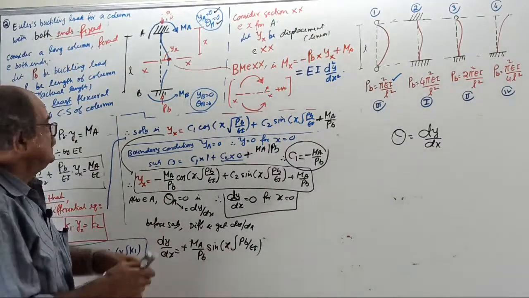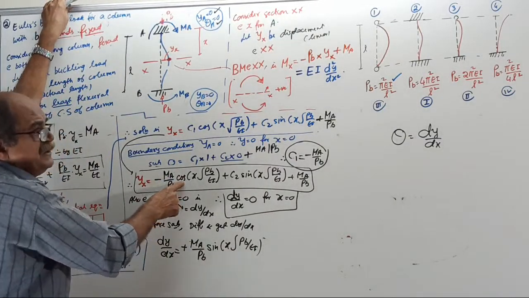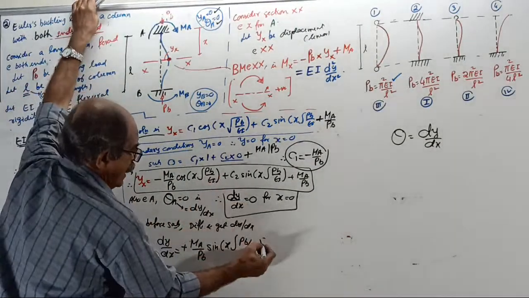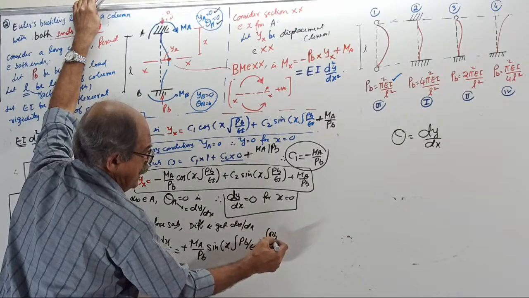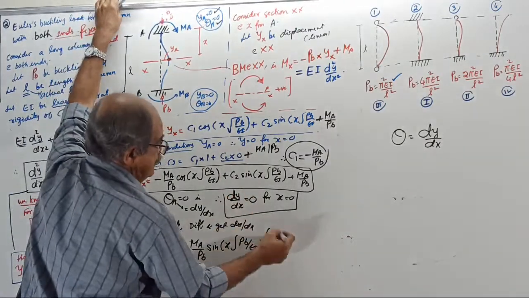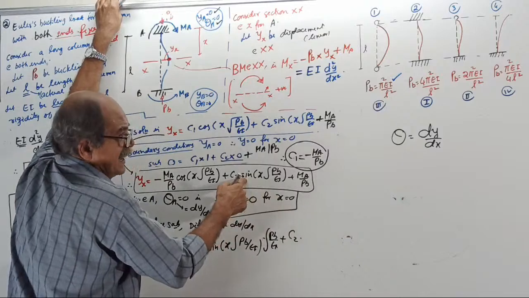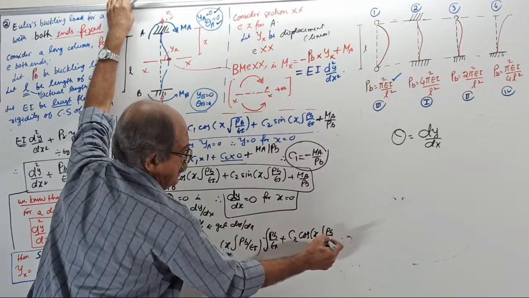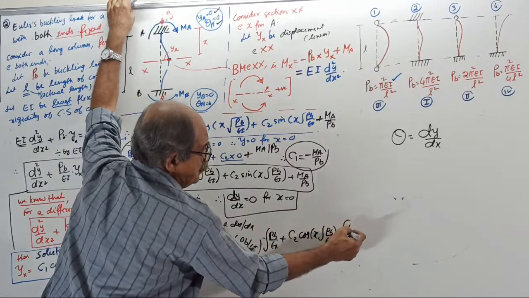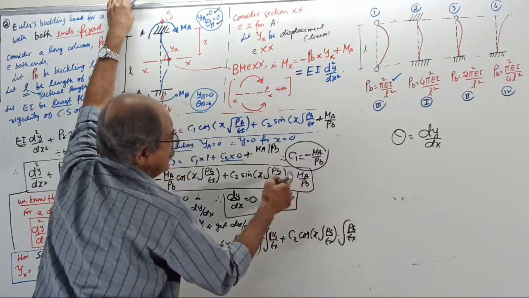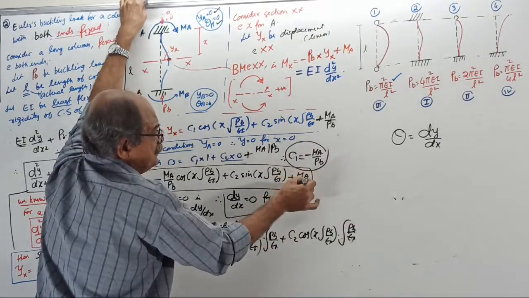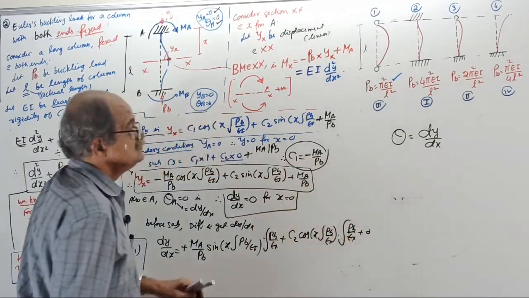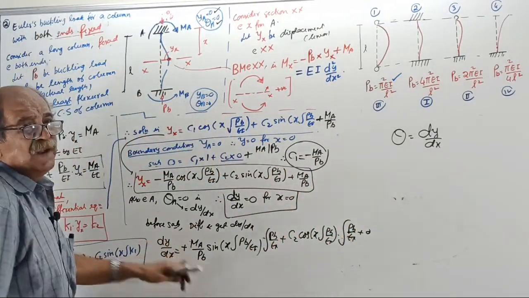Into root PB by EI plus C2 into sine becomes cos of x root PB by EI into root PB by EI. Lastly, when you differentiate here, both are constant, there is no x there, both are 0.